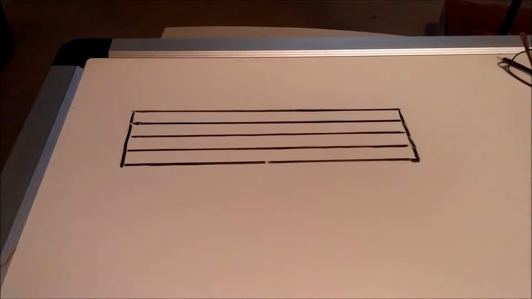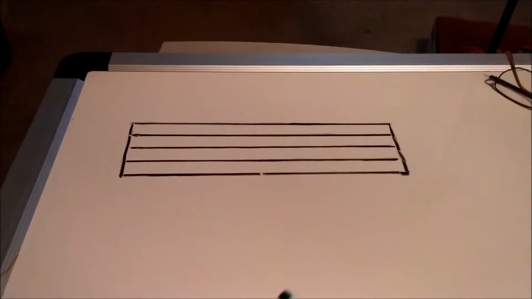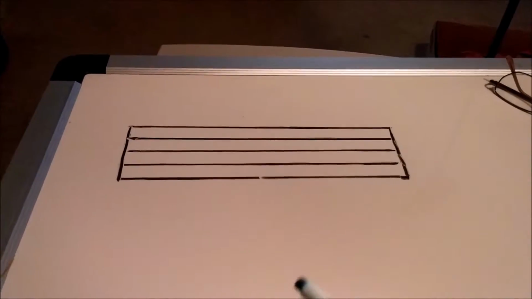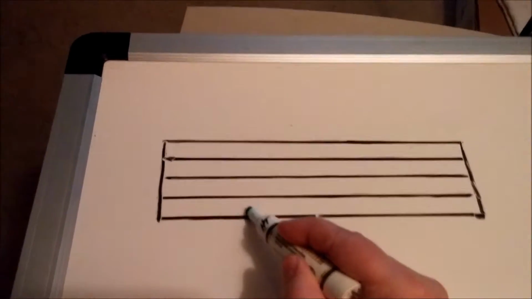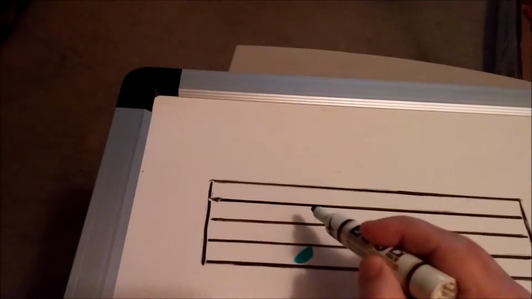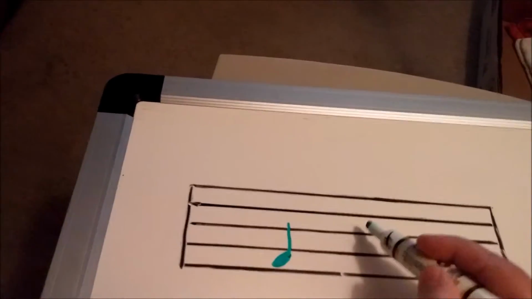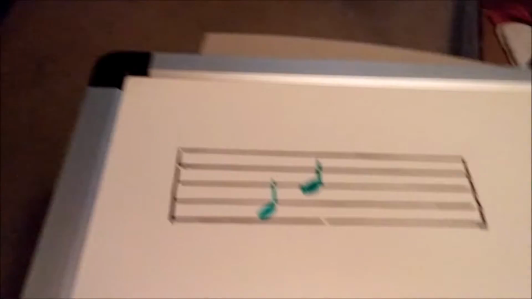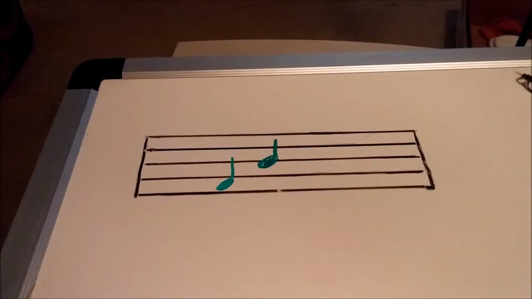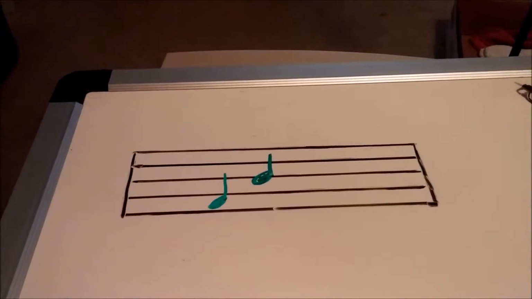But you've probably wondered, how can I tell what is what? Because oftentimes you'll see something like this, or something like this. But how do I know what those notes are?